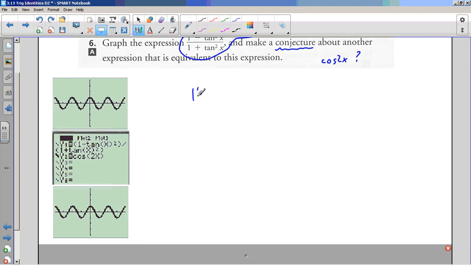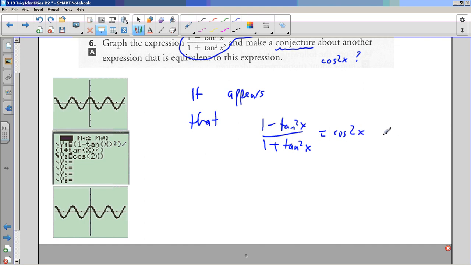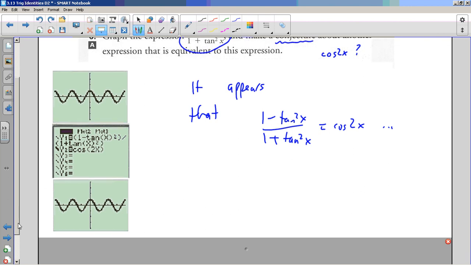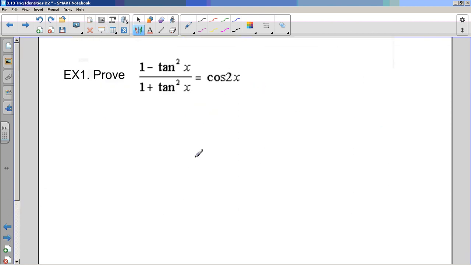It appears that 1 minus tan squared x over 1 plus tan squared x is equal to cos 2x. Is this a proof? No, not yet, but maybe we can get to it.